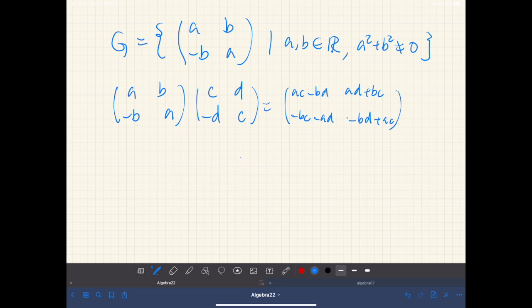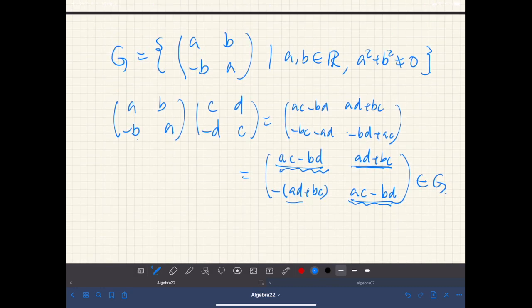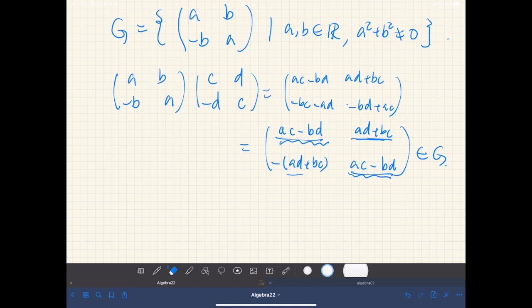So this can be written as AC minus BD, AD plus BC, minus AD plus BC, and AC minus BD. So that is the negative of this element. So this and this are the same element, so this belongs to this set G. So this set is closed under matrix multiplication.